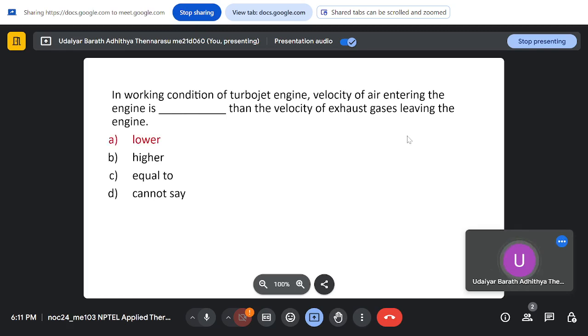The answer is A, lower. The difference is what drives the engine, so your exhaust is at a higher velocity compared to the inlet. So the answer is option A, lower.